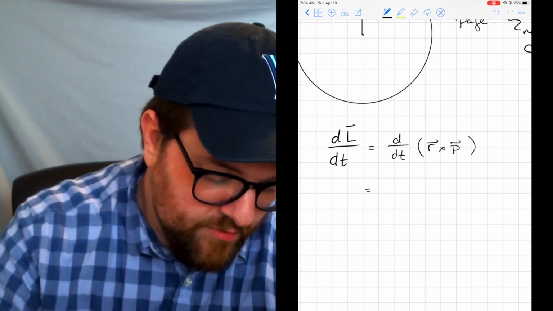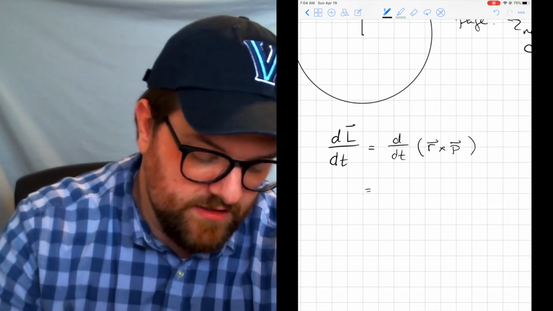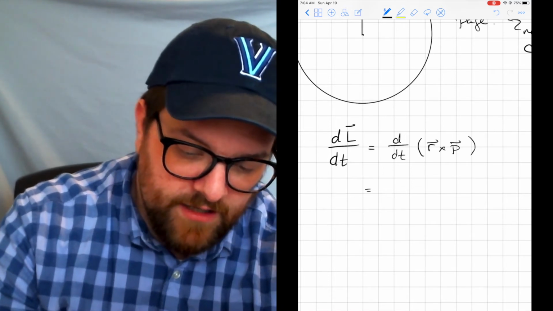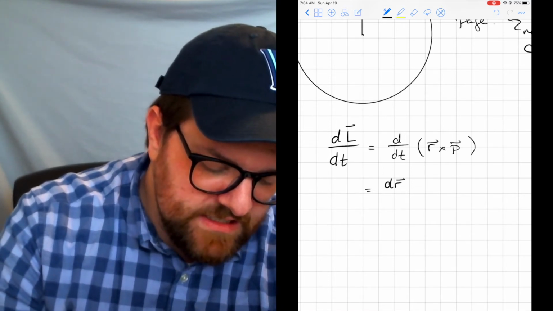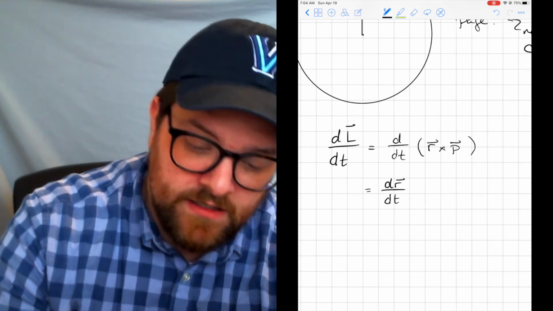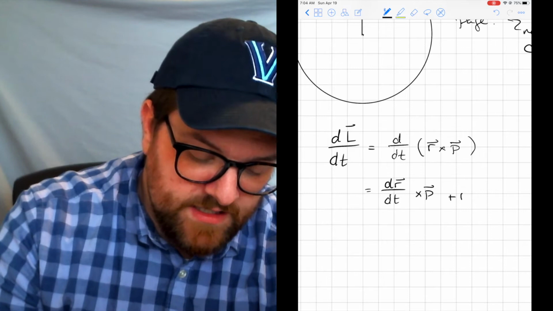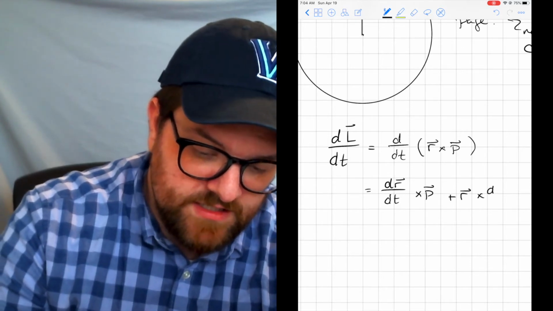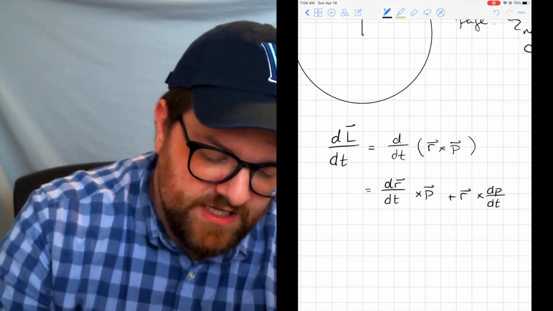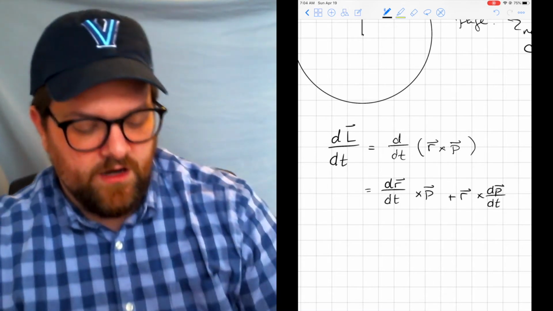If I distribute the derivative operator, I'm going to have dr/dt cross p plus r cross dp/dt. I had to use the chain rule there a little bit.